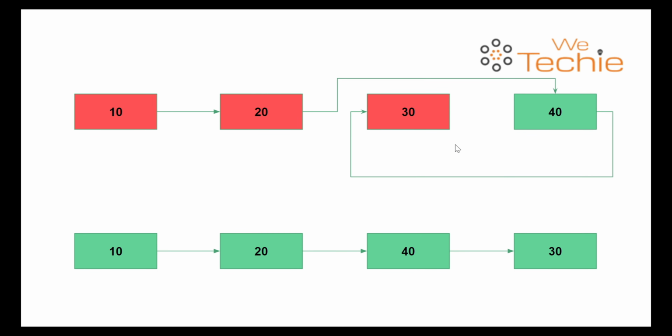Now you can see this node which we deleted from between 20 and 40 is inserted at the last. So this is the final expected list from this implementation. And this is the graphical representation discussion.